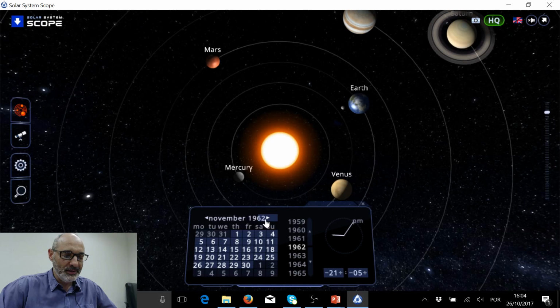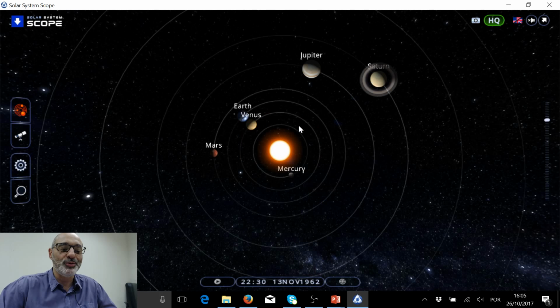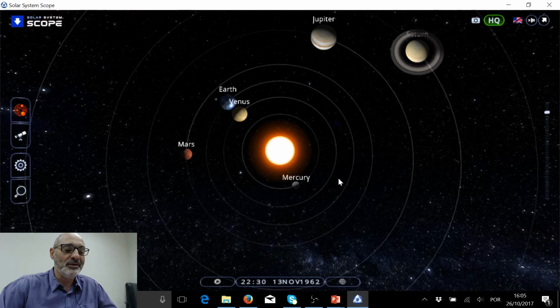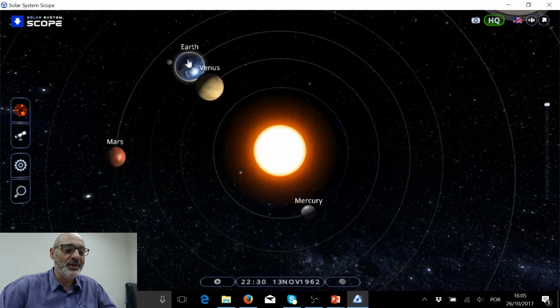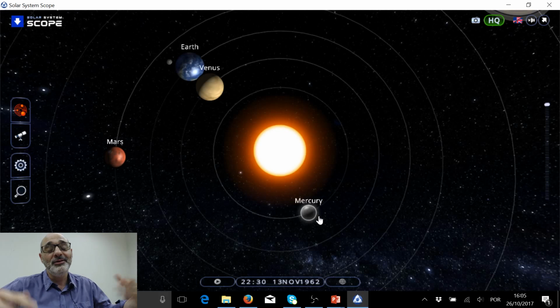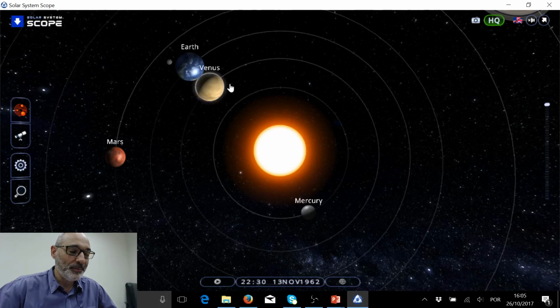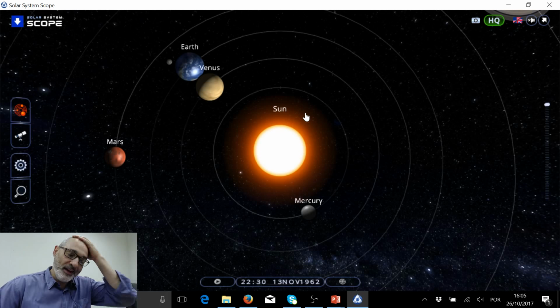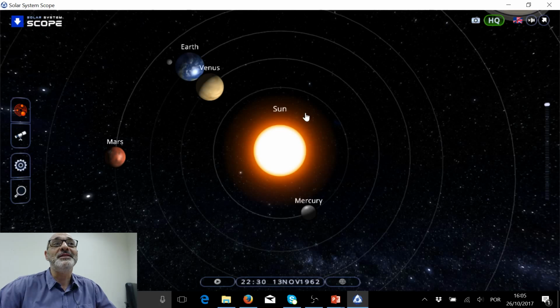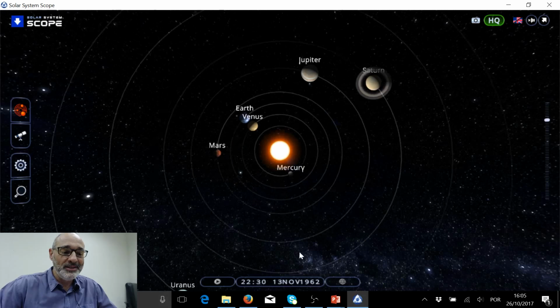So I was born exactly at this time. What we call mapa astral here in Portuguese is assigning values to a certain kind of configuration here. So this alignment here, Earth, Venus, Mercury, and the Sun, you have an alignment here. And you can say, well, he's going to have a lot of hair, for instance. So you see, it's not very good.